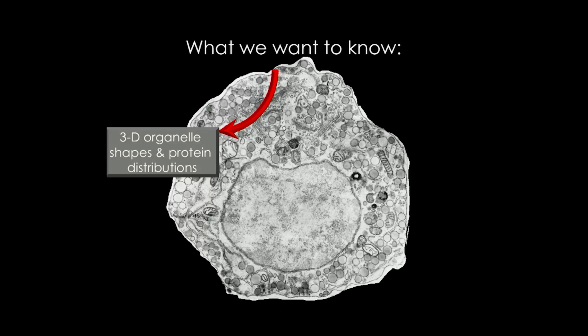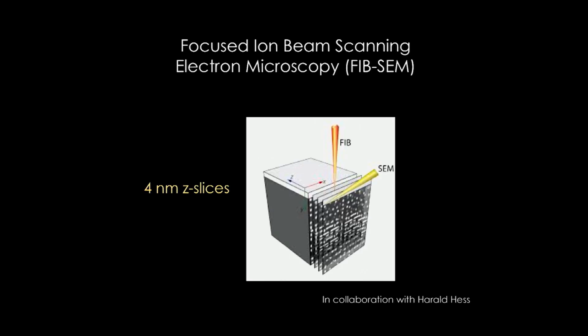This is, as I mentioned, a transmission electron micrograph slice of 90 nanometers. What that means is within that 90 nanometer slab, you have no Z information. Everything's flattened. But thanks to technologies like the focused ion beam milling system in combination with scanning electron microscopy, we can now slice through the cell at very thin sections, 4 nanometers in this case.